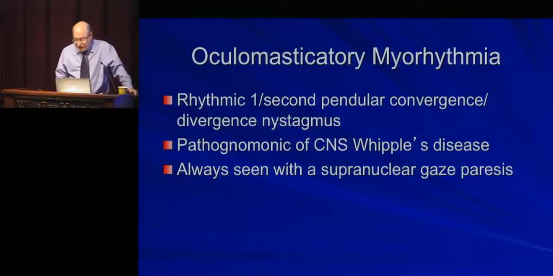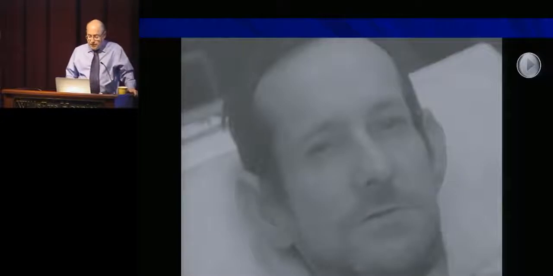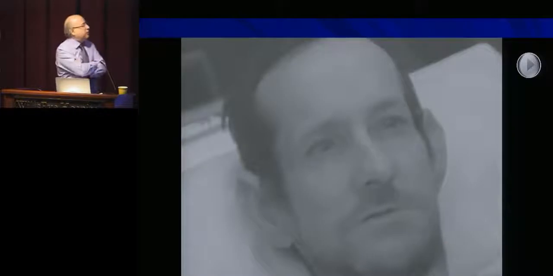You won't see that here, but in this case of John Selhorst, as narrated by Shirley Ray on Novel, this person has Whipple's disease of the CNS and has this classic convergence, divergence, 1 per second.